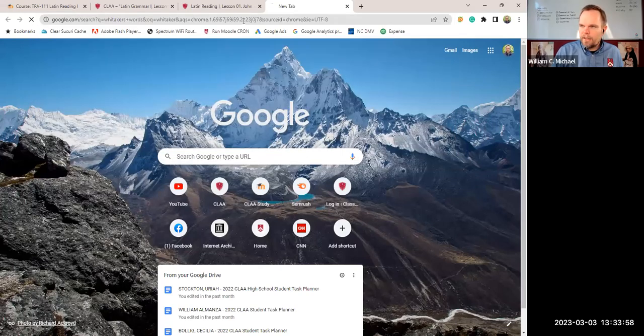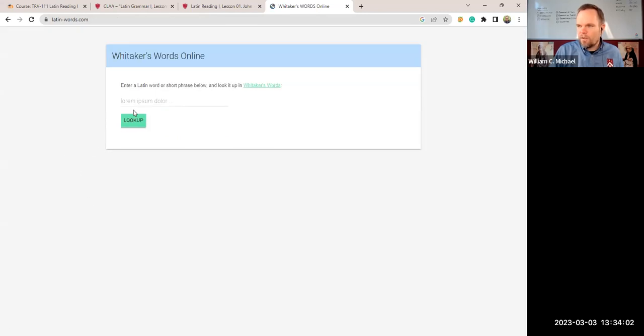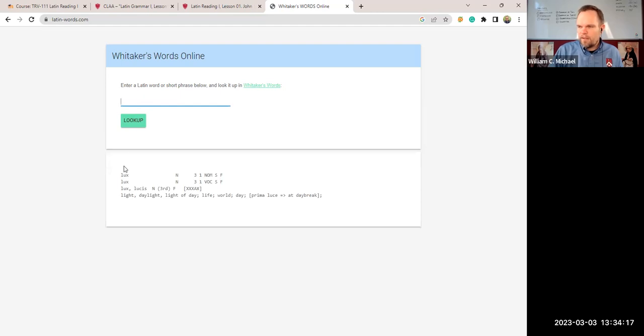There's a simple Latin dictionary on the internet called Whitaker's Words. If you look at the web address, it's just latin-words.com. If you need a Latin dictionary, this is a good little tool to use, and I'll show you why. If I just look up the word lux, it gives me this gobbledygook response with all of this secret information.